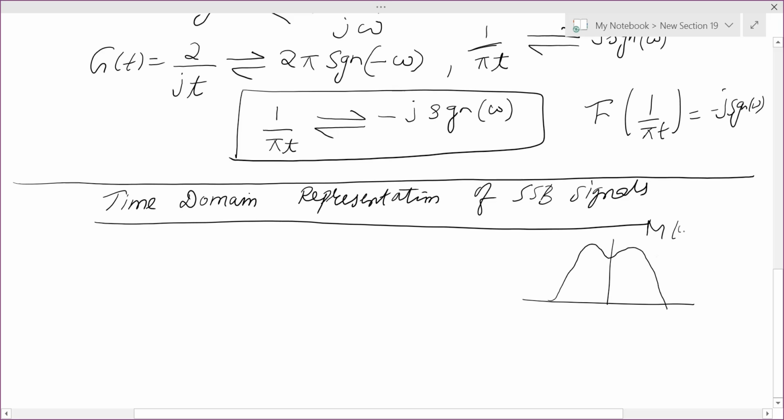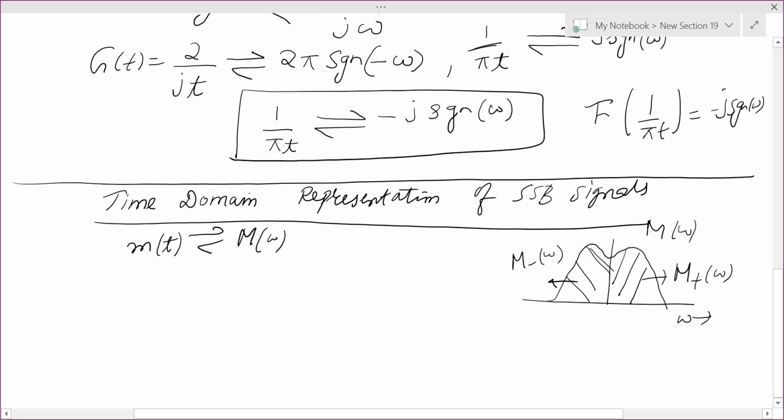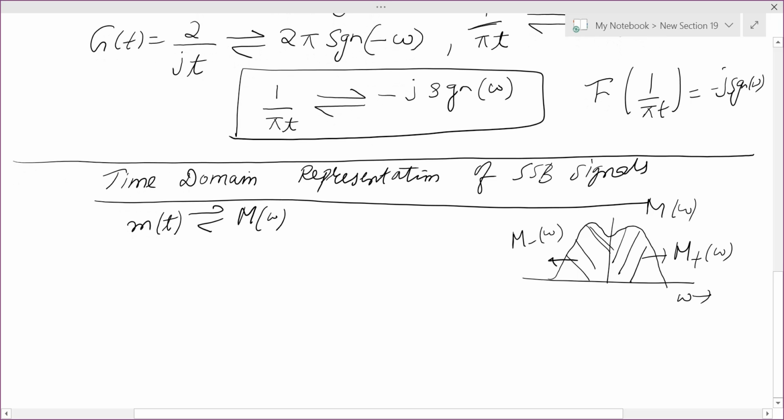Suppose this is M of omega. The upper sideband we call M plus of omega, and the lower sideband we call M minus of omega. Since m of t is the message signal, whose Fourier transform is M of omega, we want to find the corresponding time signals for M plus of omega and M minus of omega.